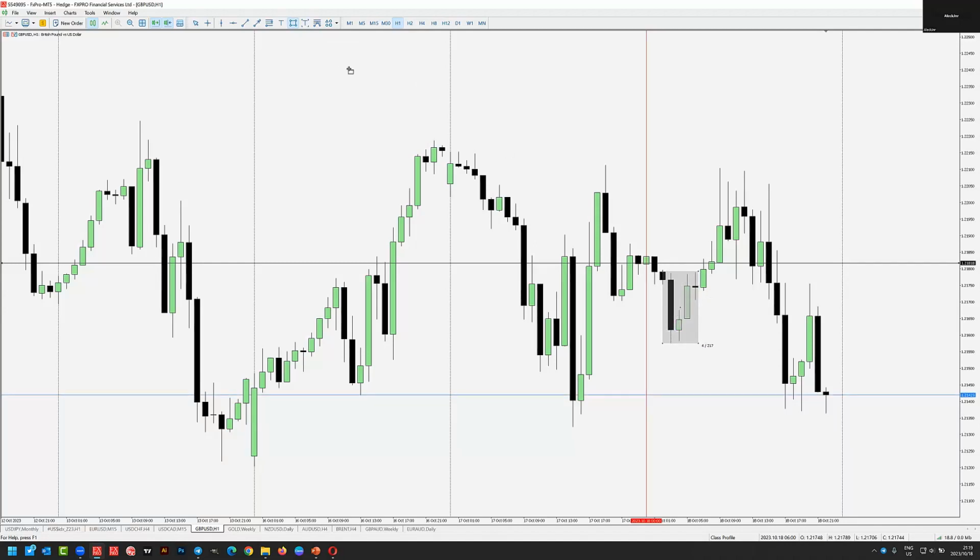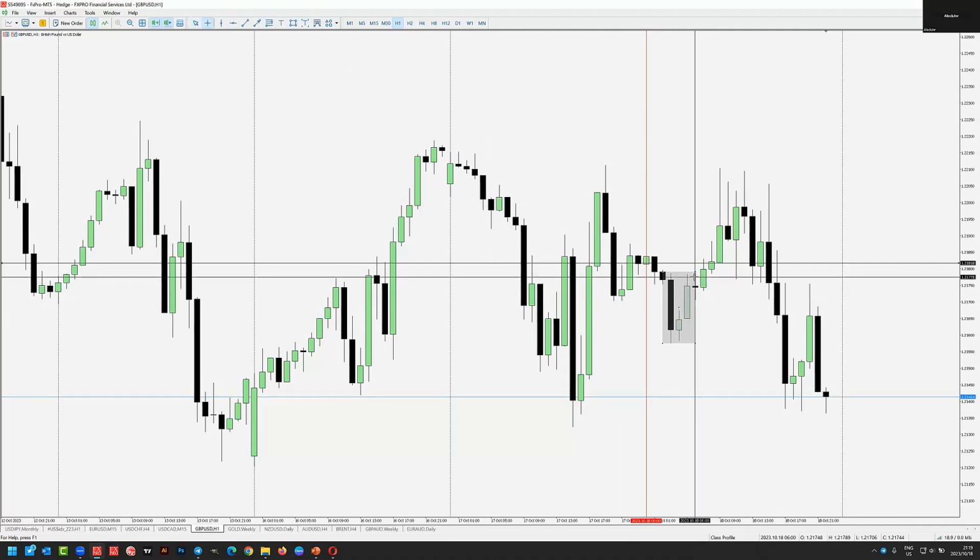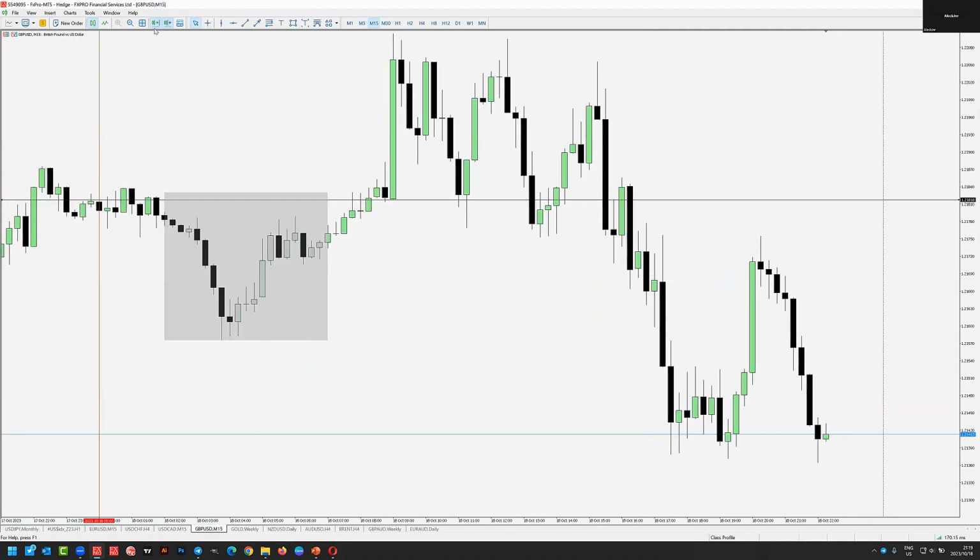That's our Asian range low, and that's our Asian range high, right there. Now we're going to go to the 15-minute time frame.